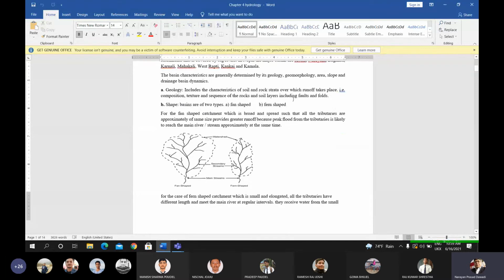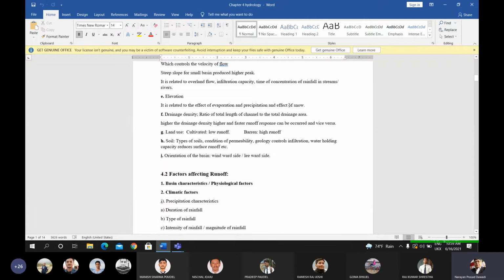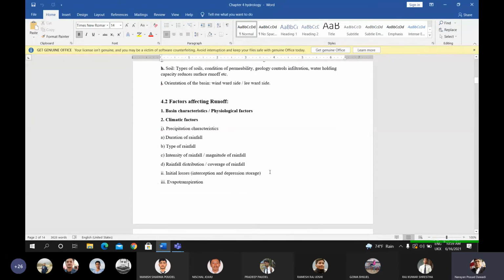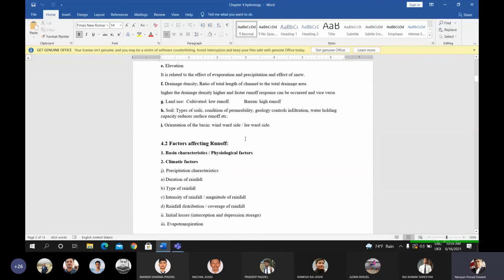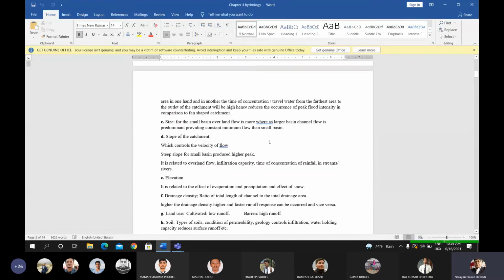The other is climatic factors, related to precipitation, initial losses, and evaporation and transpiration. These are all the factors affecting runoff, which is very important in terms of the examination. It may be asked in the theoretical part of the final examination.